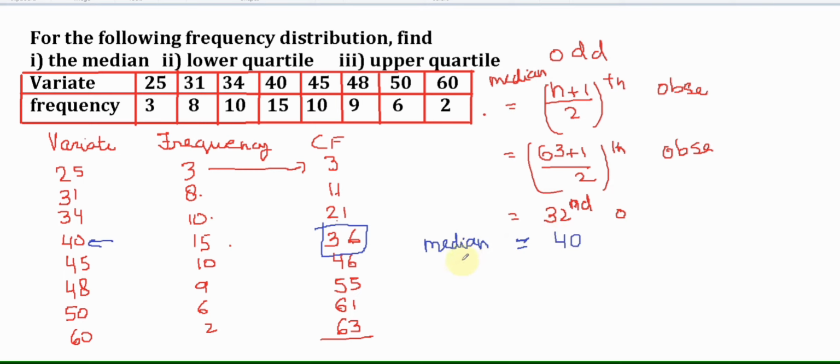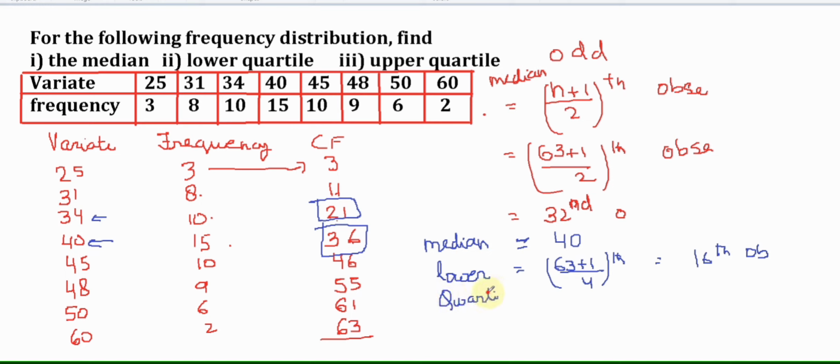So here I can write the median is 40. Now we need to find the lower quartile. For the lower quartile, I just need to divide by 4. So (63 plus 1) by 4th observation. Solving this, I get the 16th observation. You can see the 16th observation lies here. So the lower quartile is 34. This is the answer. Now we come to the upper quartile.